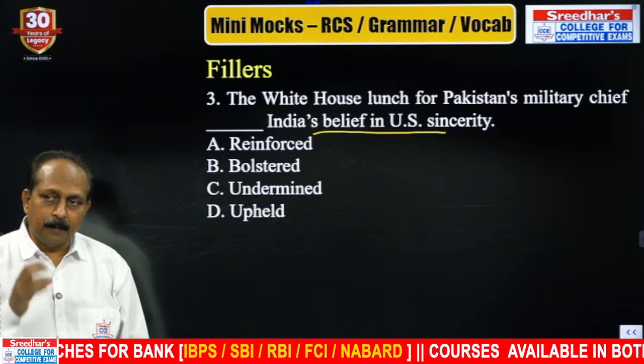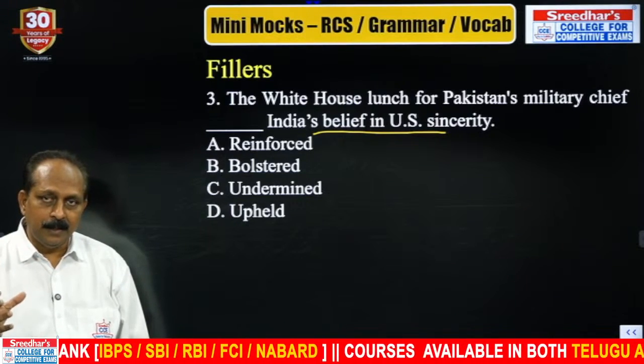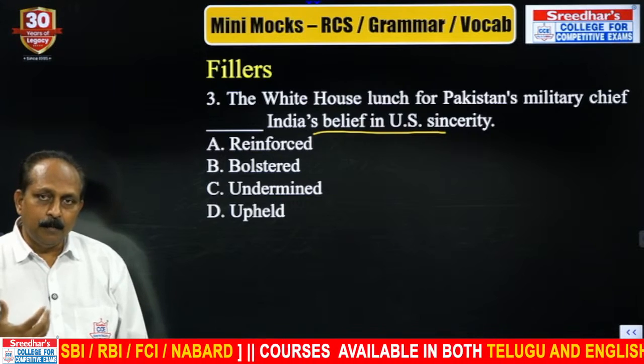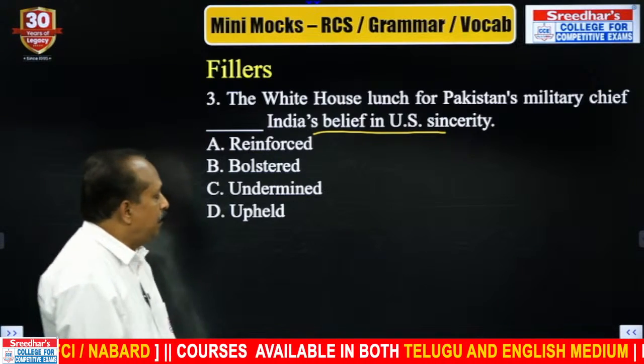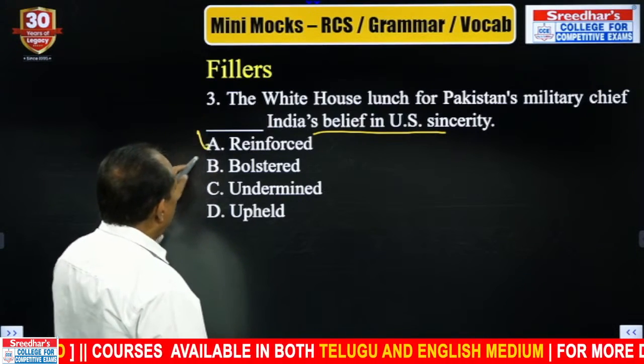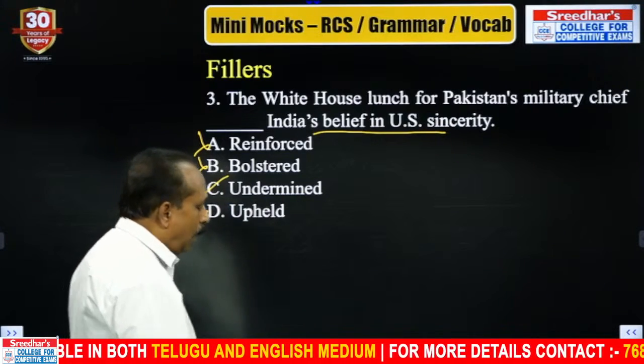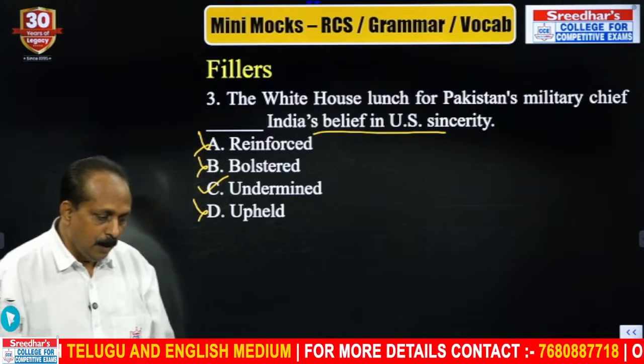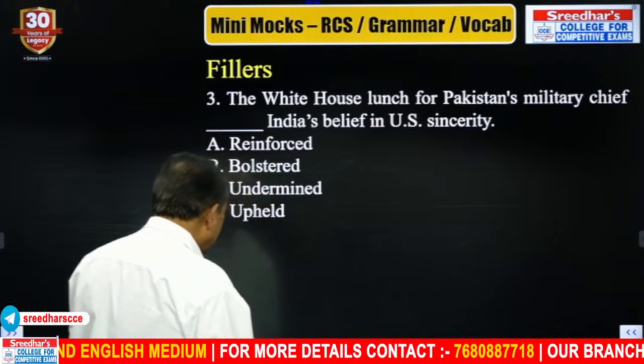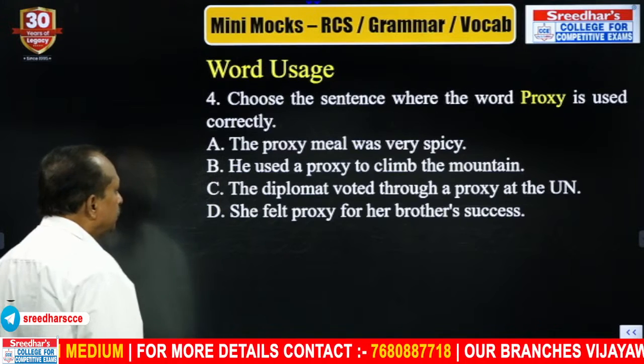It weakens that particular stand taken by the president, weakens India's belief in the US. We need a negative word. Reinforce positive, bolster positive, upheld positive. So, what is the word? Undermine. Undermines means weakens. India cannot believe the US then.